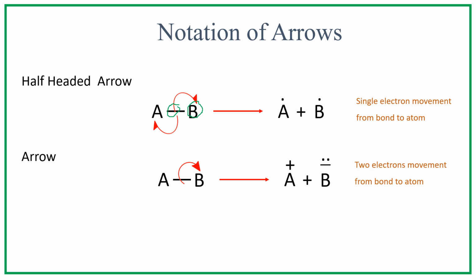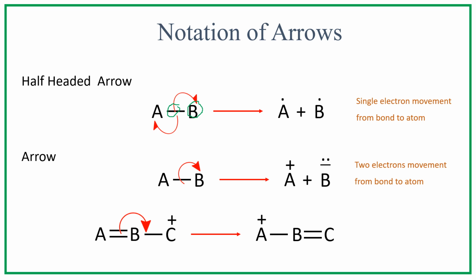This normal arrow can also represent movement from bond to bond. Here, the two pi electrons can move to between B and C to form another pi bond between B and C. So what will happen?